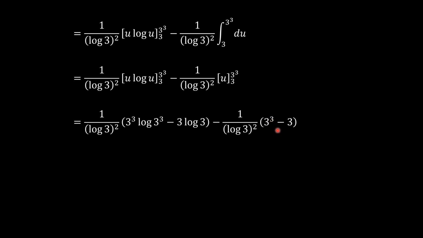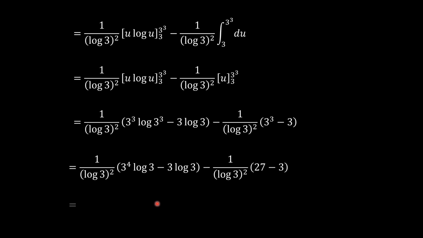3 to the power 3 is 27. 27 minus 3 is 24. And here we can pull out the 3. So instead of 3 to the power 3, we have 3 to the power 4 log 3 minus 3 log 3. 3 to the power 4 is obviously 81. 81 minus 3 becomes 78.